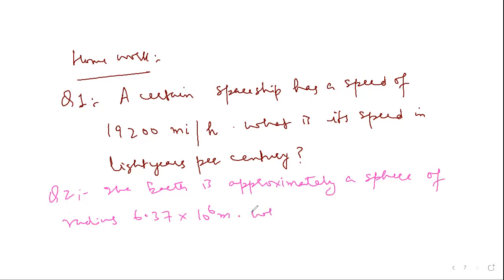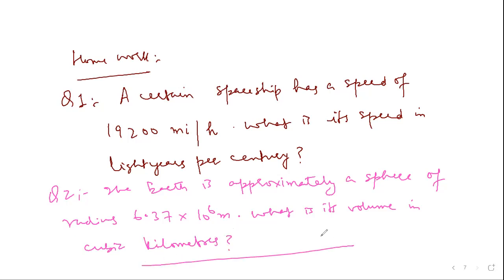What is its volume in cubic kilometers? I repeat the question. The Earth is approximately a sphere of radius 6.37 into 10 raised to power 6 meters. What is its volume in cubic kilometers?